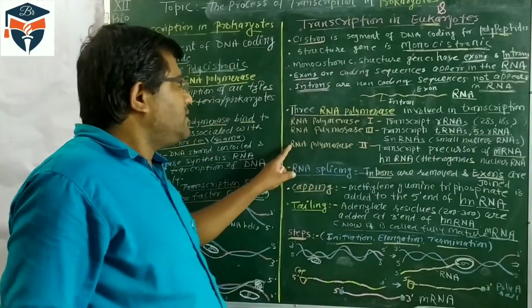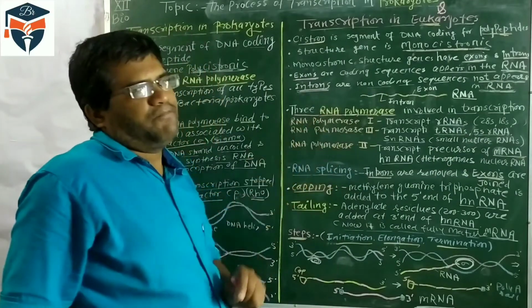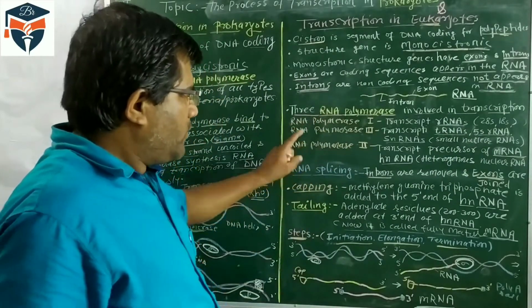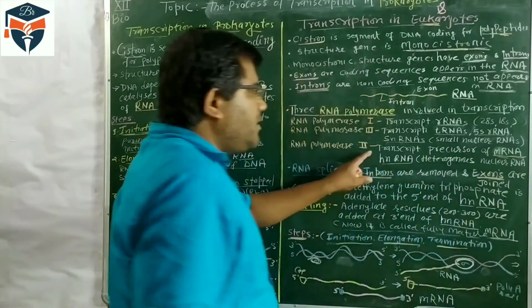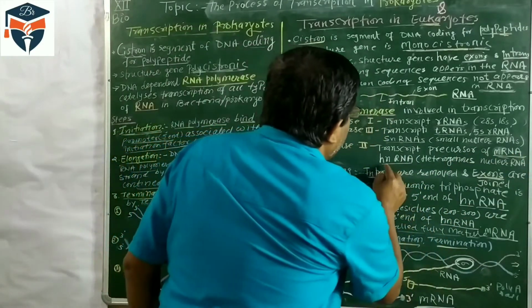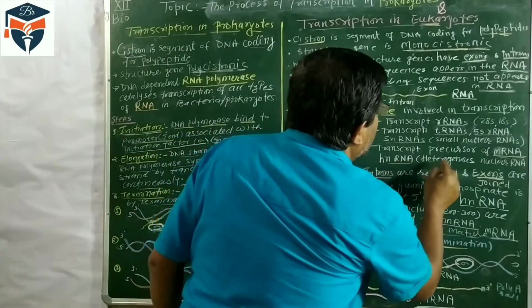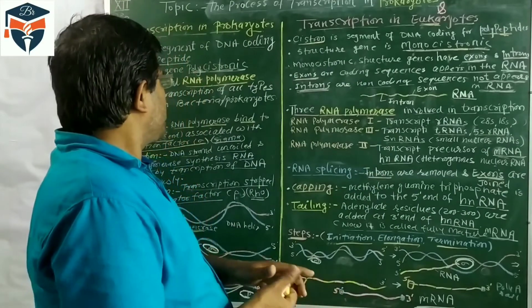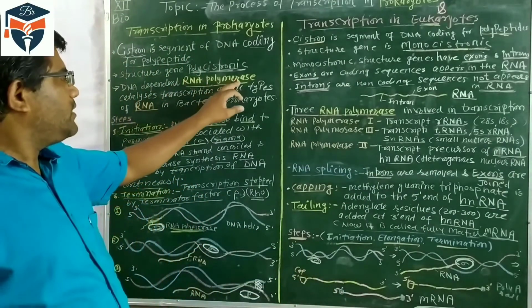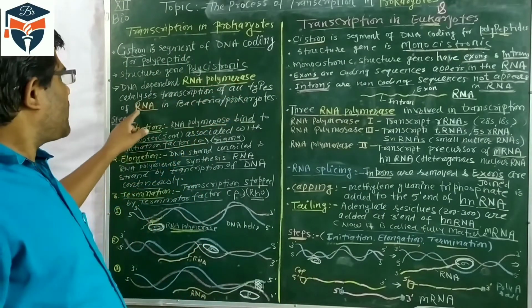And another, RNA polymerase 2. This enzyme transcribes the precursor of mRNA, mRNA formation takes place, and hnRNA, it means heterogeneous nuclear RNA. So here you remember, in prokaryotes RNA polymerase is single and it forms all types of RNA.